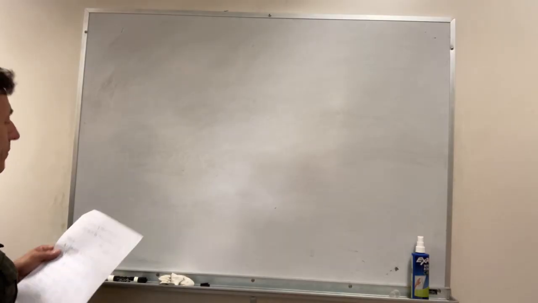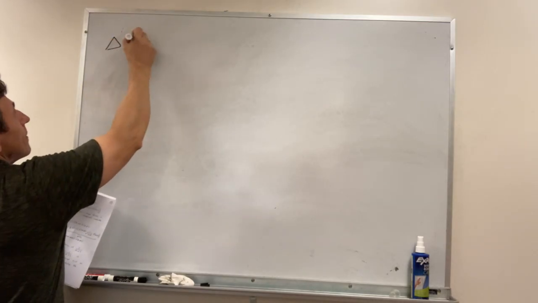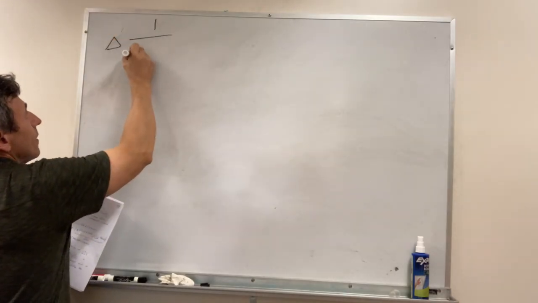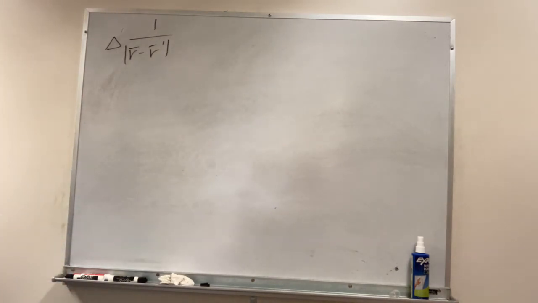The delta function can also be described as a Laplacian of 1 over the magnitude of r minus r prime. So it's a delta function localized at point r prime.